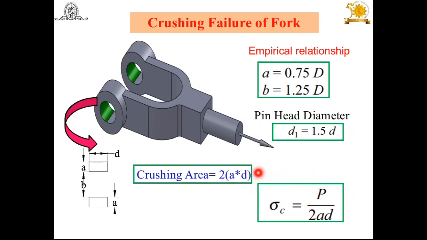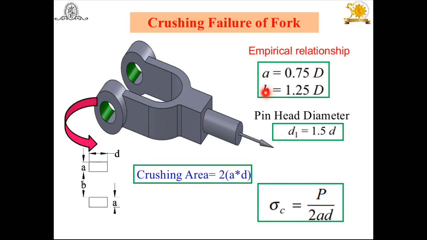Try to understand. This is about the crushing stress. The crushing stress induced you will get from this equation. You can check whether it is within the permissible limit or not. If it is less than the allowable, you can see your design is safe. But in all these equations of the fork and eye, you will find small d, small do, and other parameters, that is small a and small b.